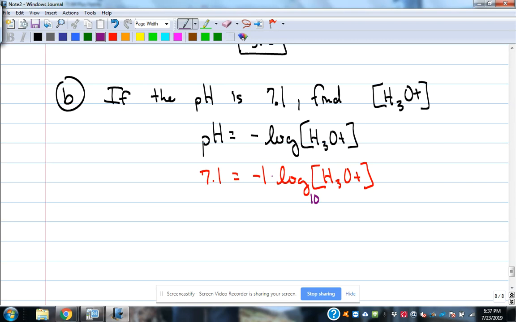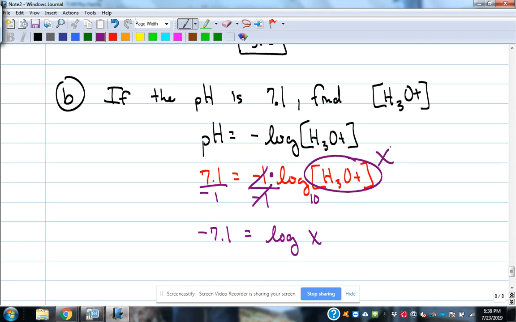Because what's really going on between this -1 and the log is that they're multiplying, right? The opposite of that would be divide. If I divide by -1, that gets rid of that -1 that's over here with this log. So I get -7.1 equals log base 10. Technically, that's x, because we don't know. I'm writing this concentration thing here, but we're just going to call that x, because that's what we're looking for. It's the variable. It's the thing we don't know.